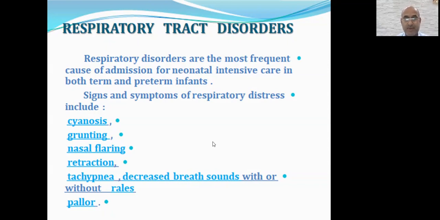Cyanosis, and we mean central cyanosis, grunting due to the stiffness of the lung, flaring of the alae nasi, chest retraction, tachypnea, decreased breath sounds, and even crepitations. Pallor is considered one of the most important signs in severe respiratory distress in the neonate.